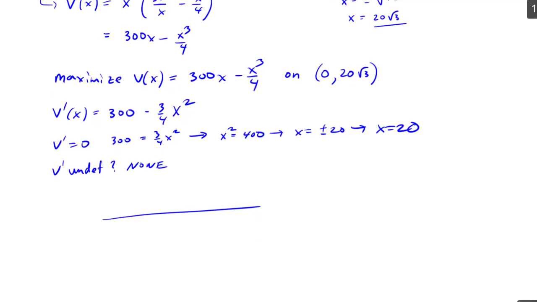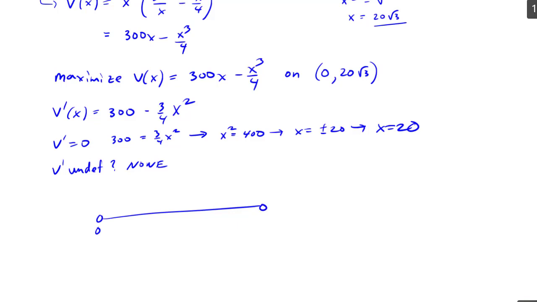So if we look at going between 0 and 20 radical 3, and 20, this is V prime, let's see what's happening. Here's the derivative. If I plug in 1, I get 300 minus a small number, so that's positive. If I plug in something close to 20 radical 3, that's the square root of 1,200, if I put approximately that in, this is going to be like 1,200.